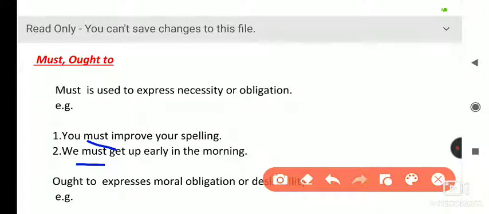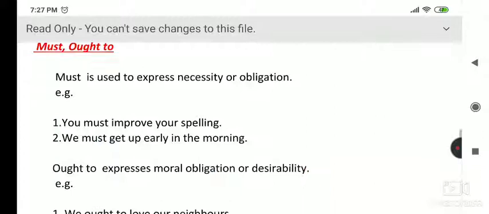In the first sentence, it expresses the necessity of improving spelling, and in the second sentence, it expresses the necessity of awakening early in the morning.